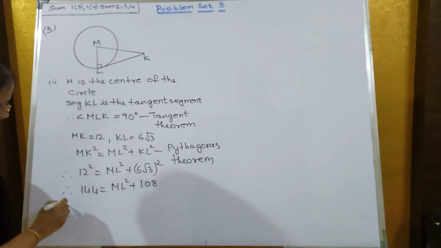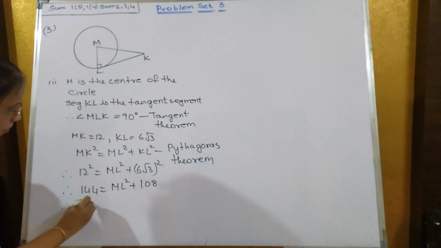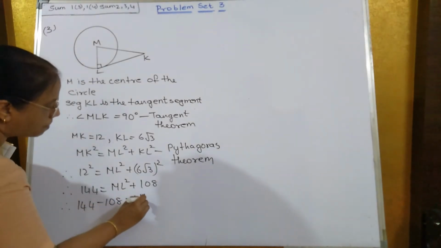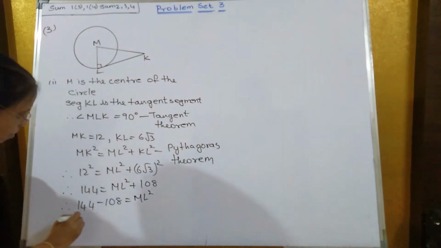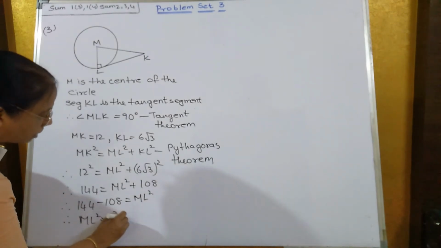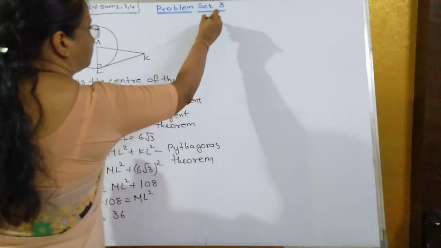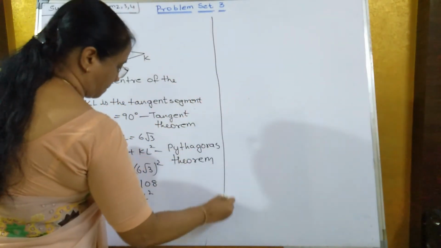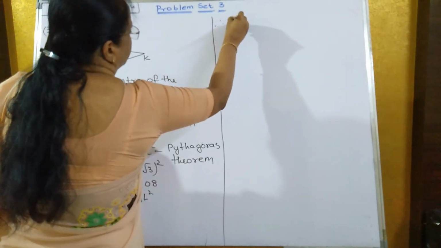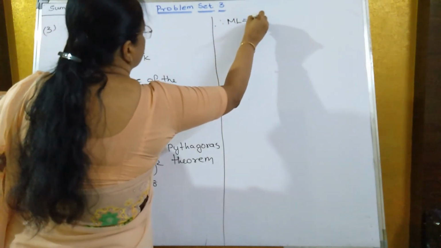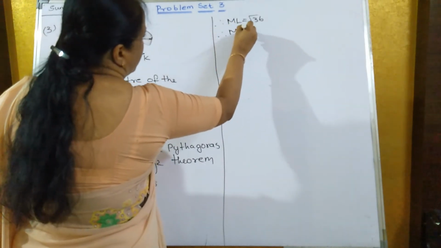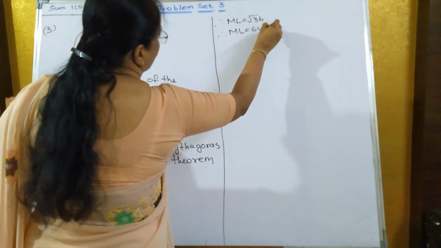Now bring this on this side, you'll get what? 144 minus 108 is equal to ML square. Therefore ML square is equal to 36. Therefore ML is equal to root 36. So that is equal to 6 units.